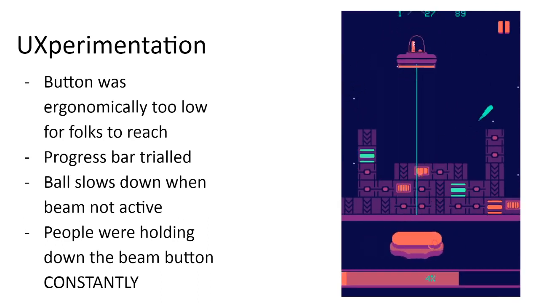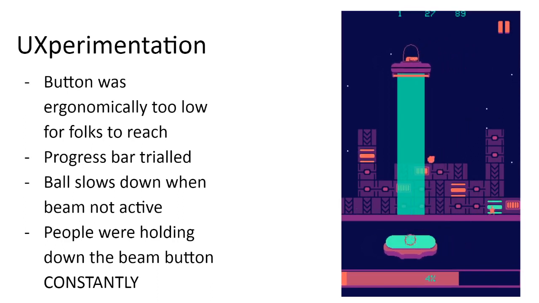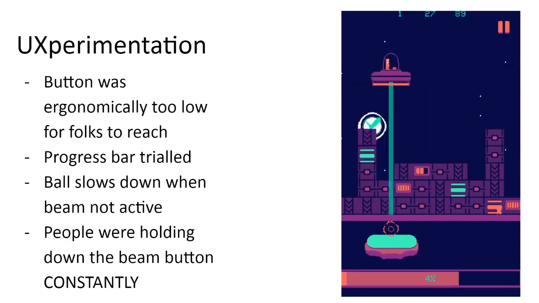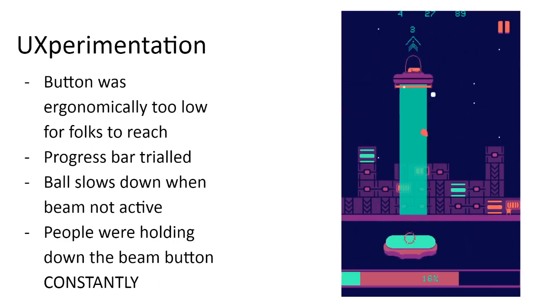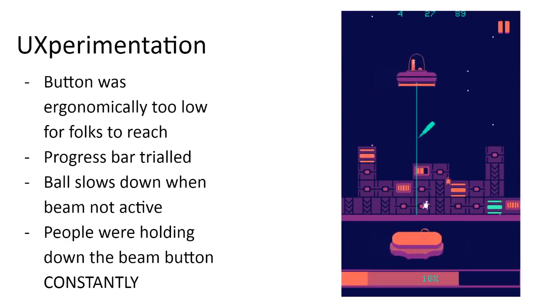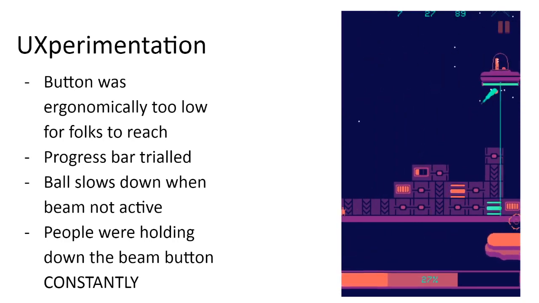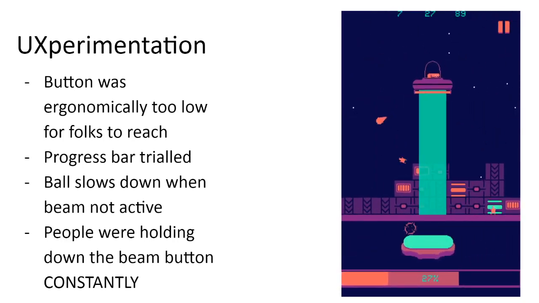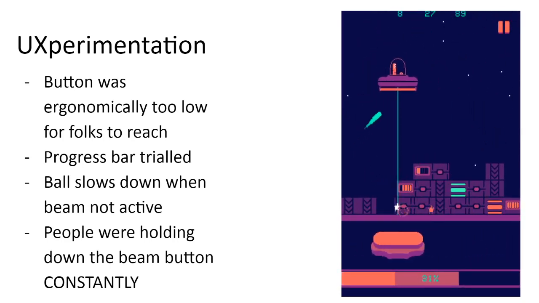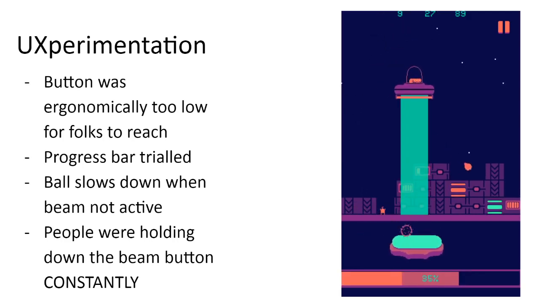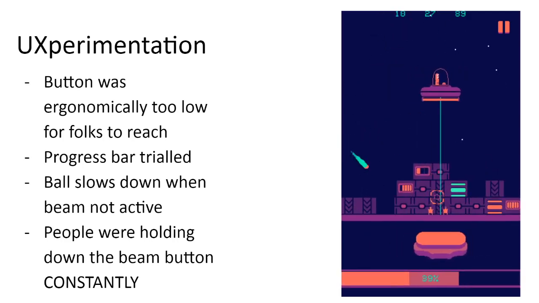Now, one of the problems that I'd come across whilst playtesting, and once again, this shows why it's so important to playtest regularly, is that for a lot of people, the height of the button was too low for them to reach.